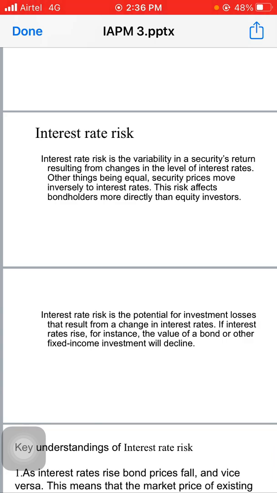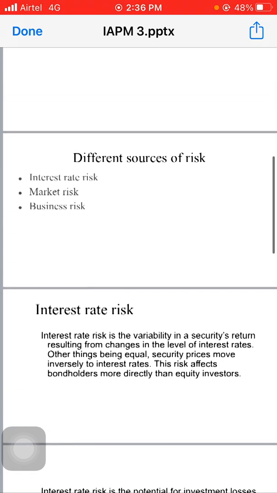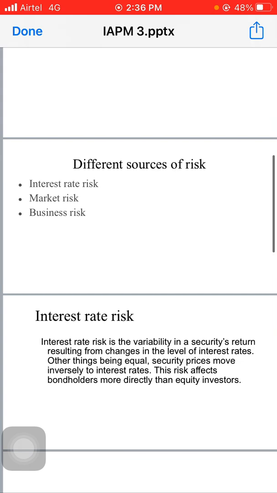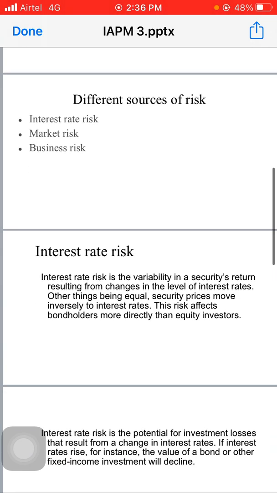Before going further, what is interest rate risk? What is the meaning saying? The meaning is saying that interest rate risk is one source which basically arises when there is a difference in the level of the interest rate.